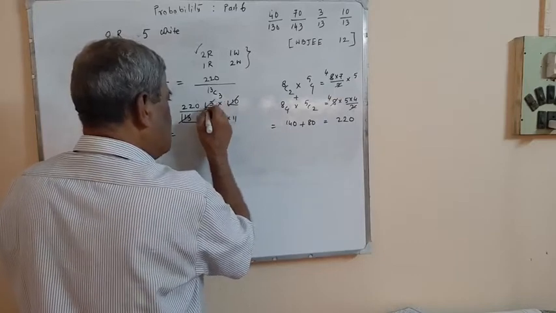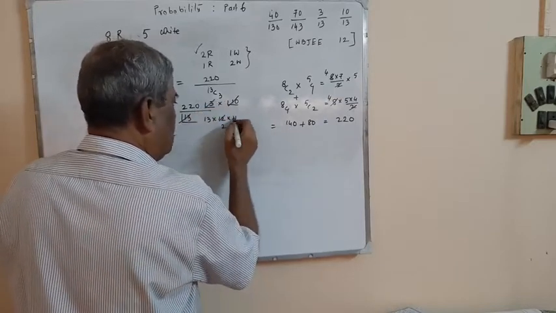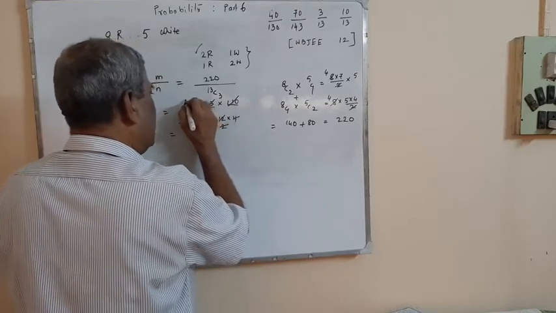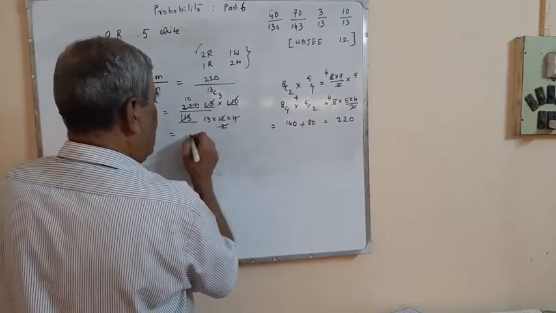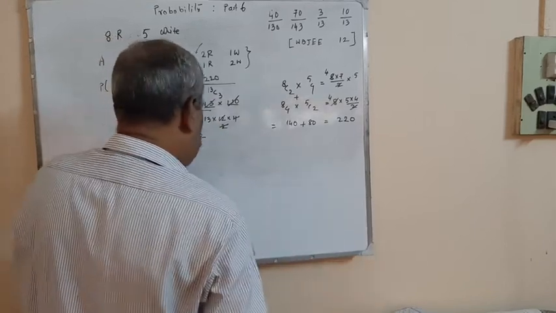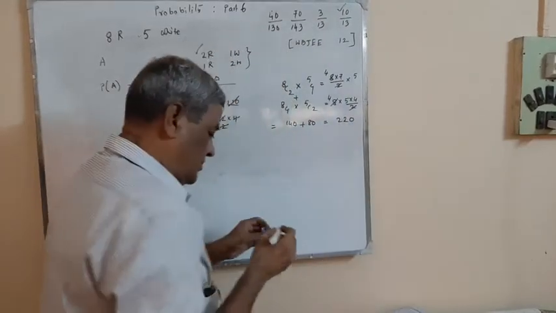This is simply 6, so it is 2. They together are 22. So after cancelling, this is 10. So the answer is 10 divided by 13. So this is our answer. So this is the correct option.